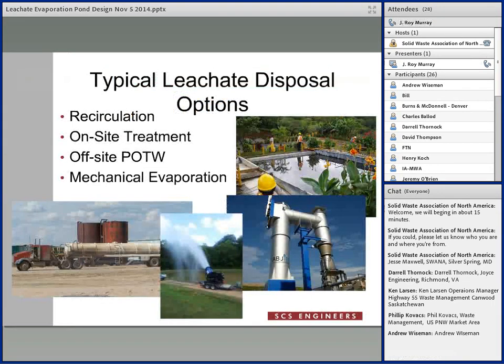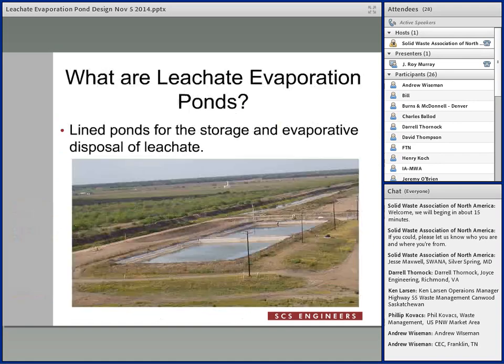Perfect. Typical leachate disposal and handling options: recirculation, on-site treatment, off-site POTW, mechanical evaporation. I didn't include a picture of a leachate evaporation because they don't tend to make very good pictures. But today what we're going to be talking about specifically are leachate evaporation ponds.